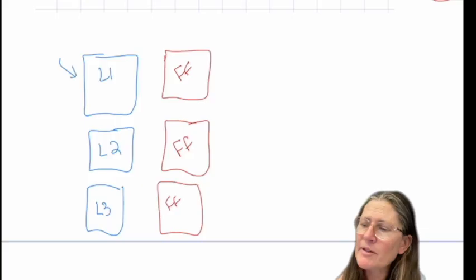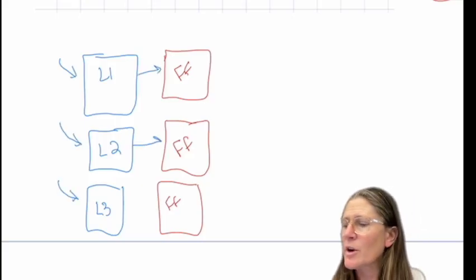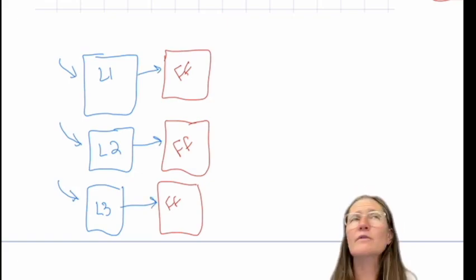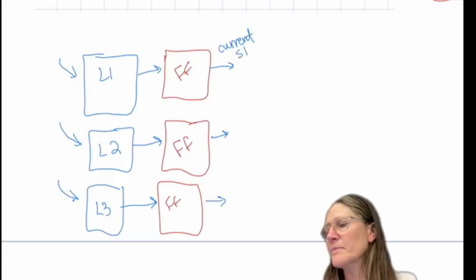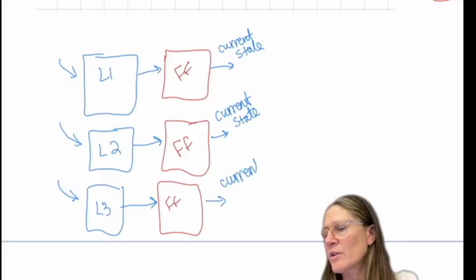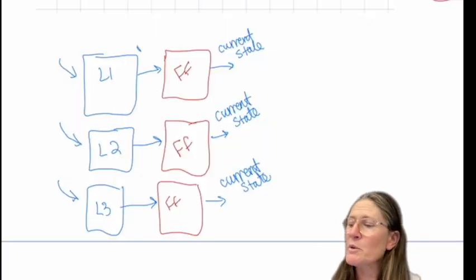I'm going to have inputs into these, and then they're going to get stored into the flip-flop, and then out of the flip-flop will be what I'll call my current state. Before the flip-flop will be my next state.